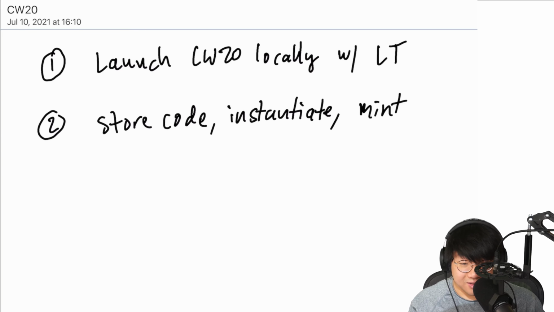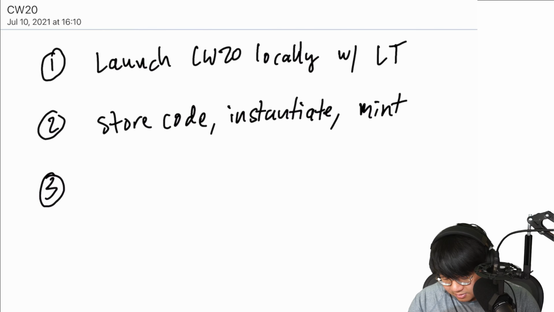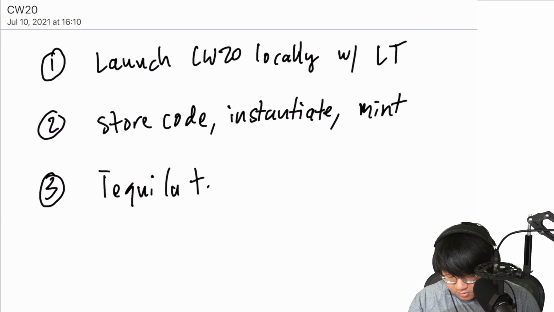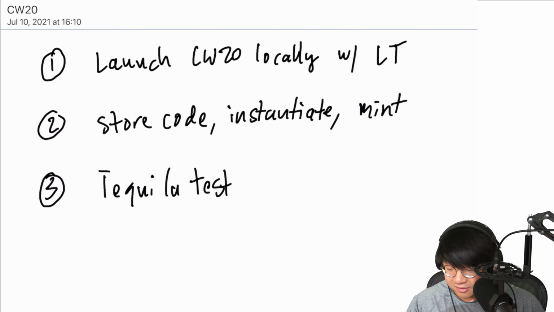So this will make sure that the functions that we create work. And then finally, let's move on to the testnet so that other people can play with our CW20 contracts. Okay, so this is the lesson plan for today. All right, let's head over to VS Code.